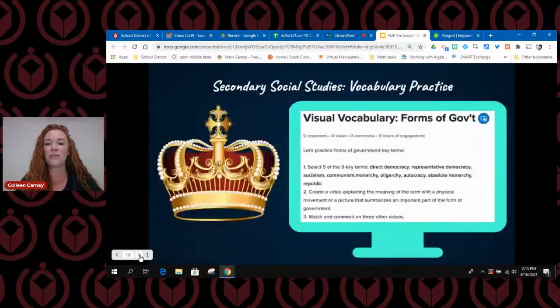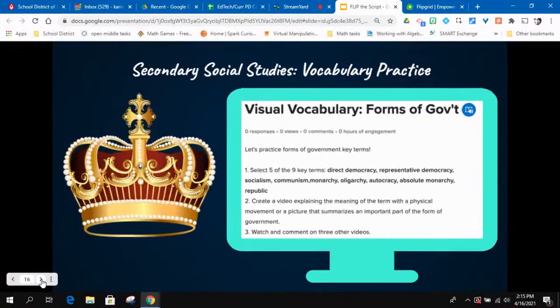And then my third and final example here is what makes me think how we're turning Flipgrid more into like TikTok. This is that total physical response. This is visual vocabulary. When you're providing them with some of those key terms from your unit, then you can have the students create a video kind of acting out or representing those different vocabulary words.